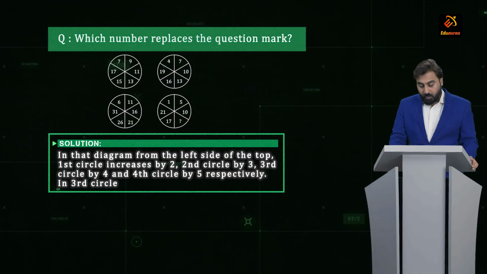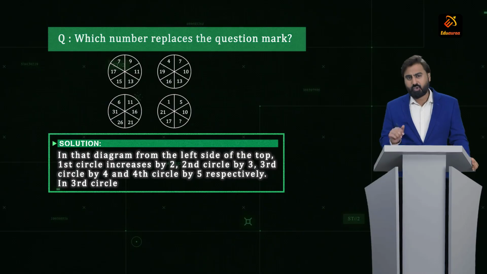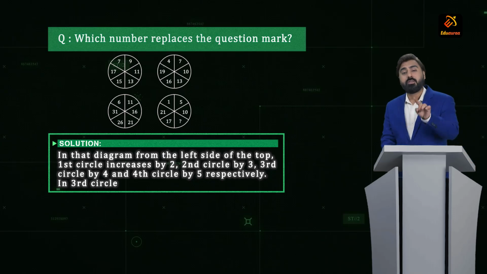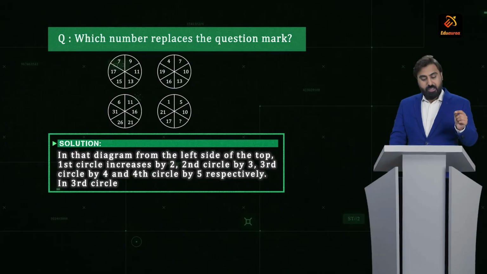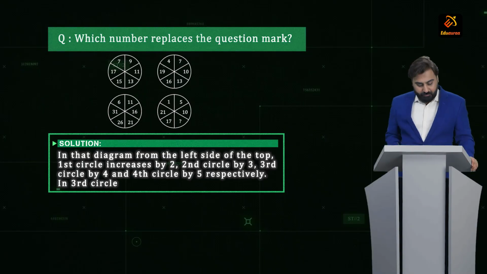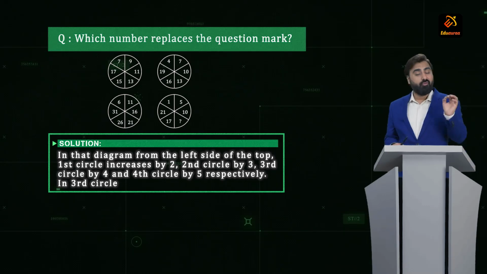That is, by 2 for the upper left circle, 3 for the upper right, 5 for the lower left, and for the last one, it will increase by 4.